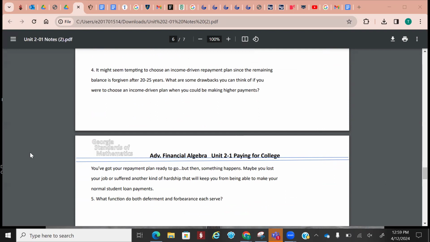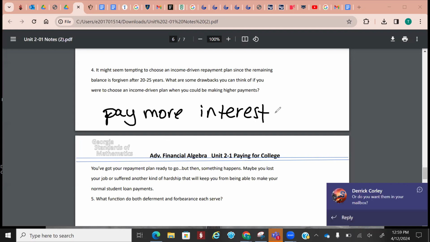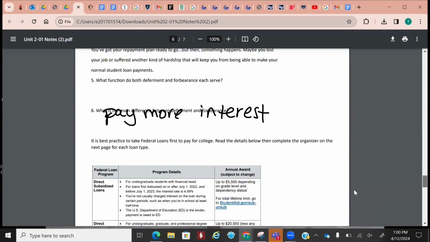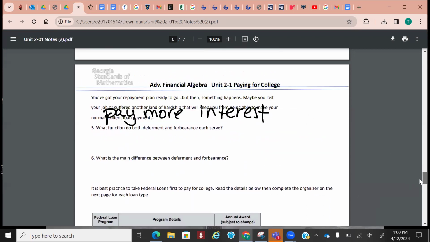What are some drawbacks you can think of if you were to choose an income-driven plan where you're making higher payments? So on this one, you're going to pay more interest. Okay. So you really don't want to do the whole income-driven repayment because it really does depend on what you do. And if you lose your job, then it really causes some problems.